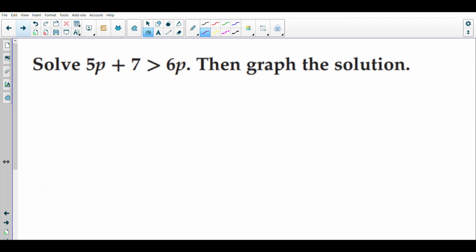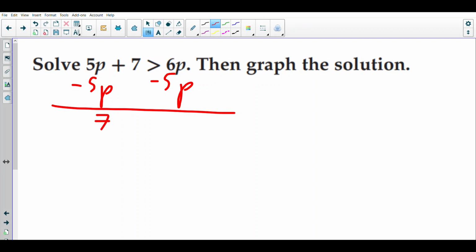5p plus 7 is greater than 6p. Now, just like before, variables are just like numbers, so I can move them around as needed. I'm going to move 5p to one side. So I get 7 is greater than p.